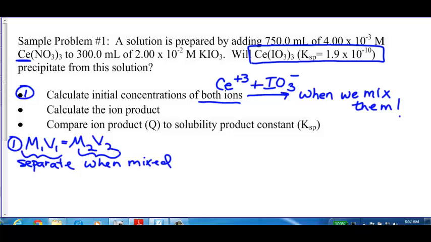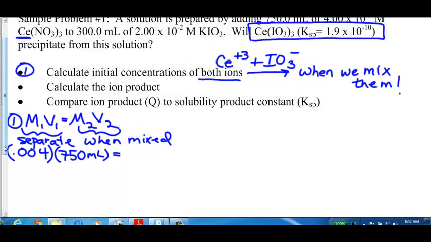Initially, we have 0.004, right? 4 times 10 to the negative 3rd is 0.004. And we have 750 mL of it. It's okay that your volume's in milliliters as long as it's in milliliters on both sides. When we mix them together, we want to know what the molarity is going to be when the total volume is, what is it, 1050? This V2 is your total volume once you mix them together.